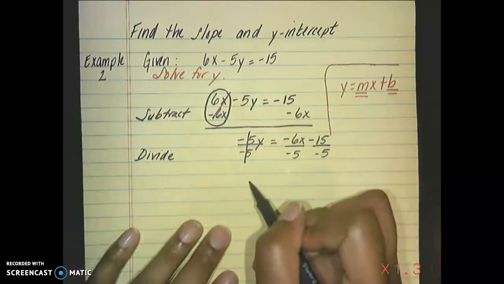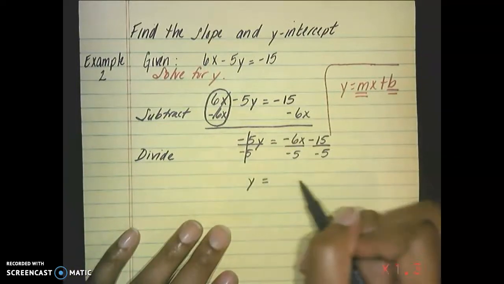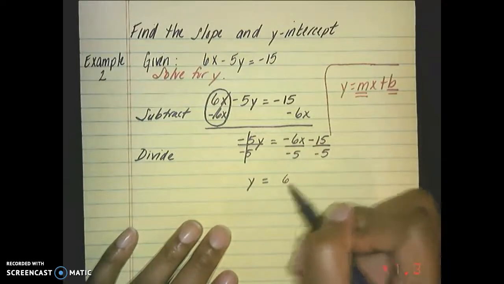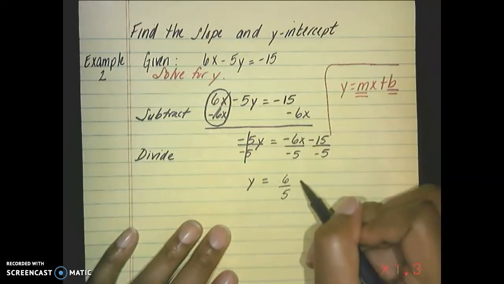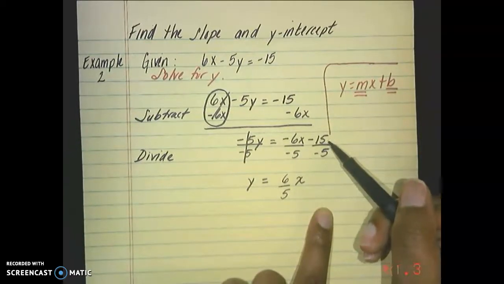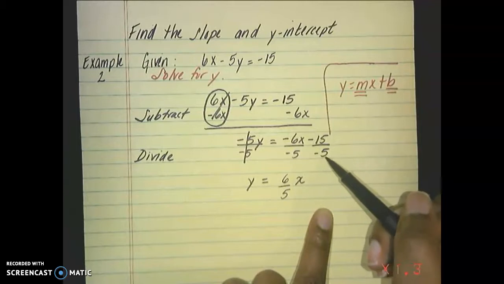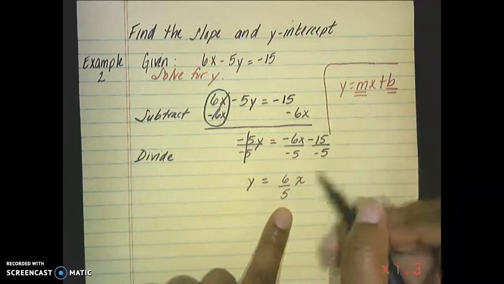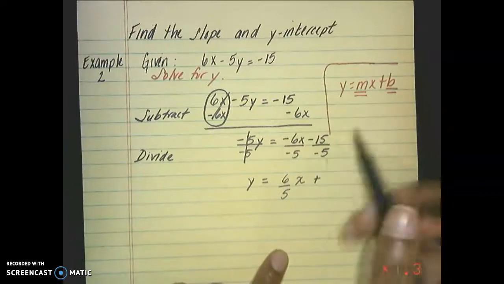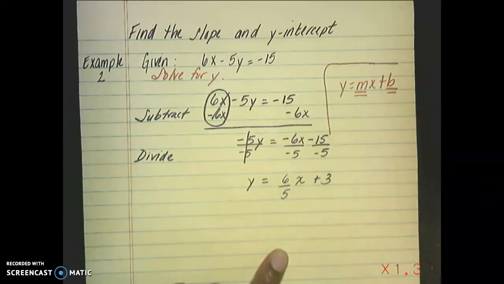So I'll be left with y equals a negative divided by a negative, which is a positive, 6 over 5 x, and negative 15 divided by negative 5 is positive. 15 divided by 5 is 3.